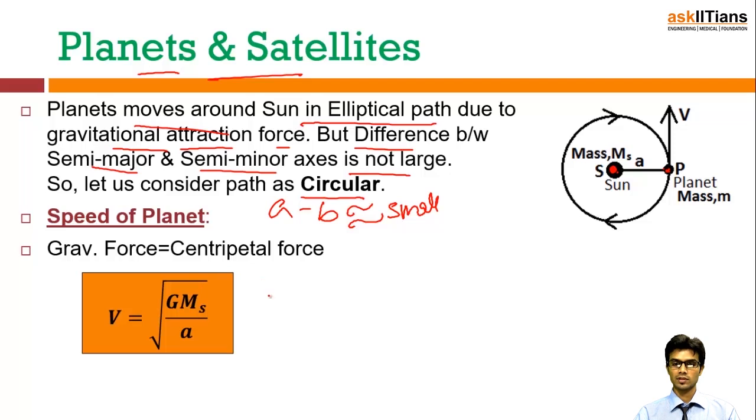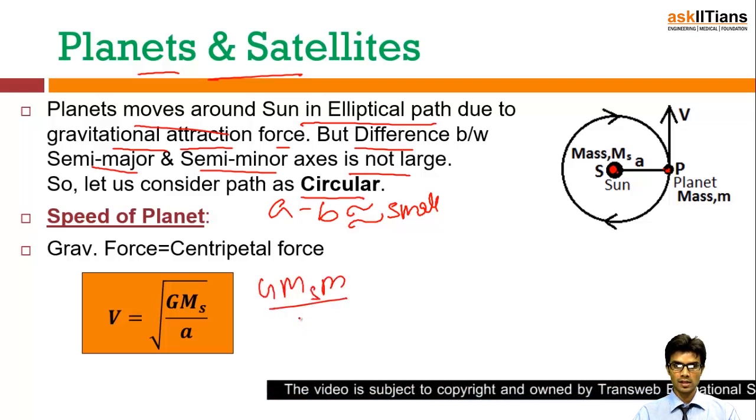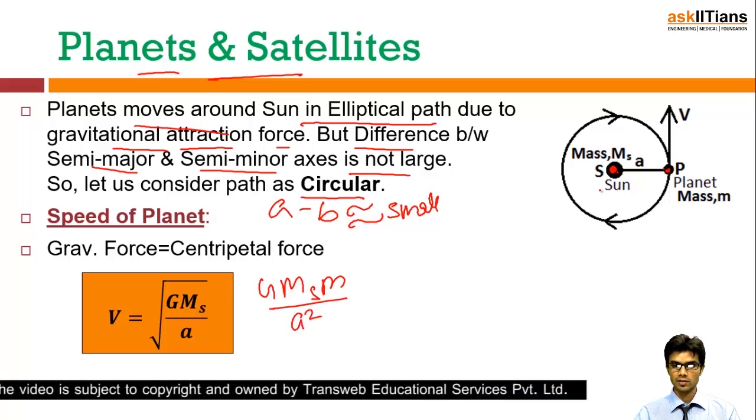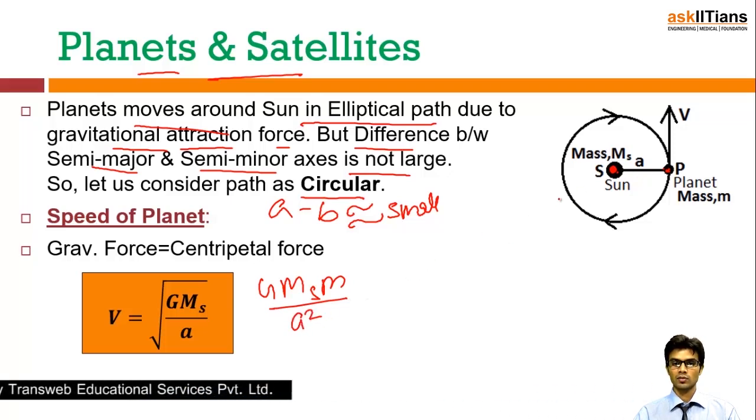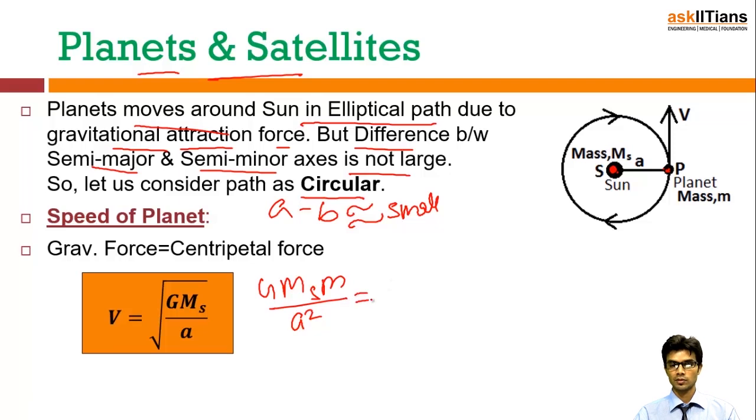Gravitational force between sun and planet is G Ms M by r square. Here the distance is not r, here the distance is a. So G Ms M by a square is equal to the centripetal force m v square by a. We can solve this and find v. V is equal to under root G Ms by a. This is the speed of the planet.